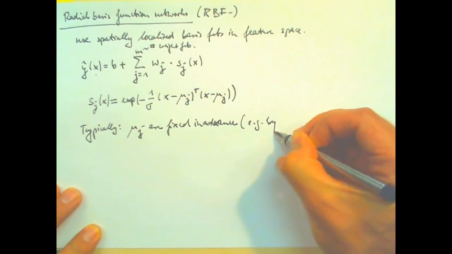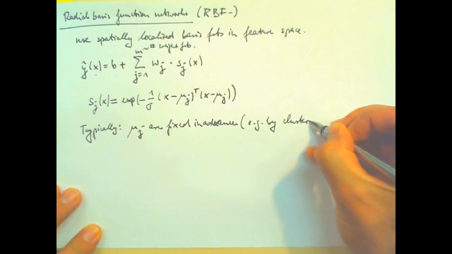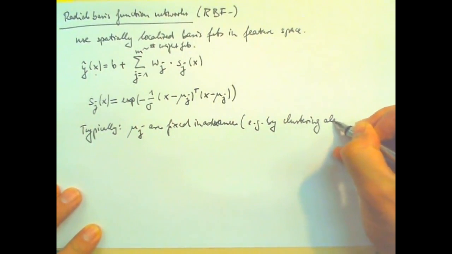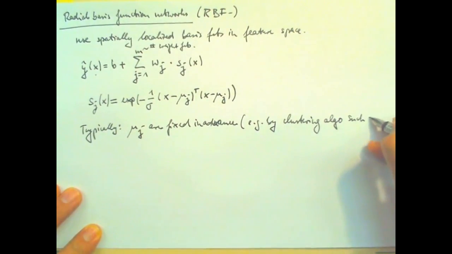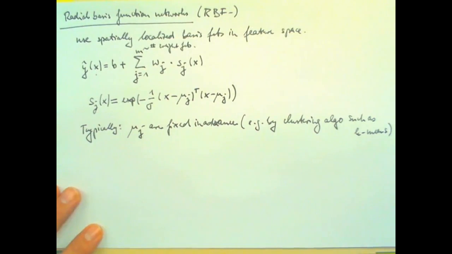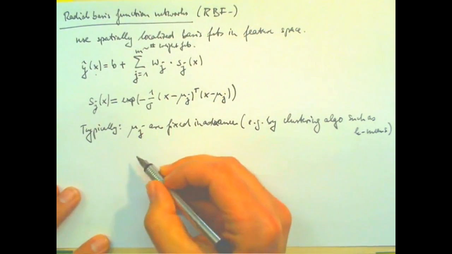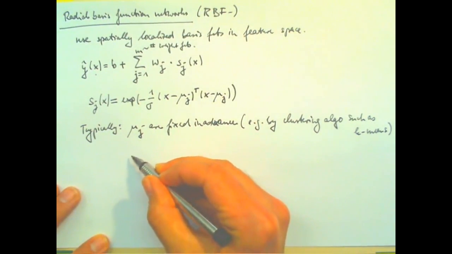For instance, by some clustering algorithm such as k-means, which we very briefly discussed a week ago, or 2 weeks ago. And then the only thing that needs to be learned are the B and the Wj.